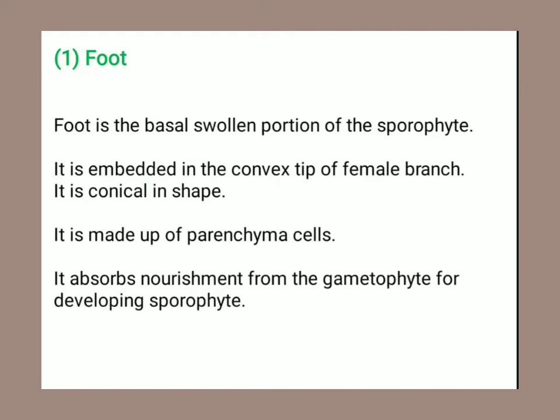This is the first portion of the development of the sporophyte, and it is known as the foot. Its structure is convex and conical in shape, and it is made up of parenchymatous cells. Its function is to absorb nutrition from the gametophytic phase and develop the sporophyte.